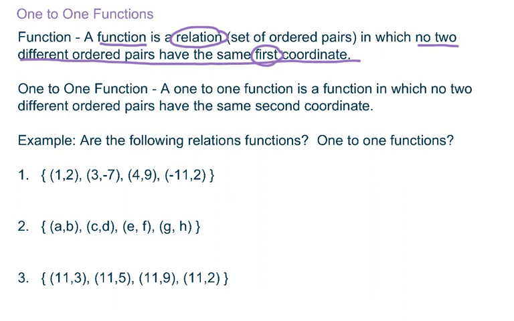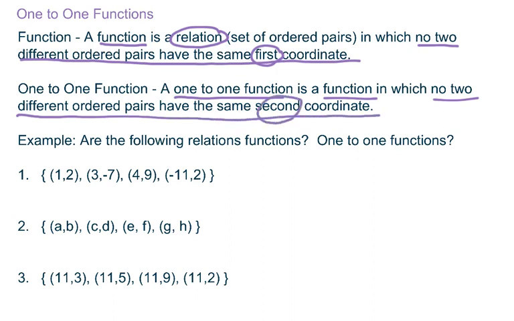Now, that's a function. What's a one-to-one function? Well, first of all, a one-to-one function is a function. So you have to start with a function in which no two different ordered pairs have the same second coordinate. So in addition to no two different ordered pairs having the same first coordinate, no two different ordered pairs can have the same second coordinate.